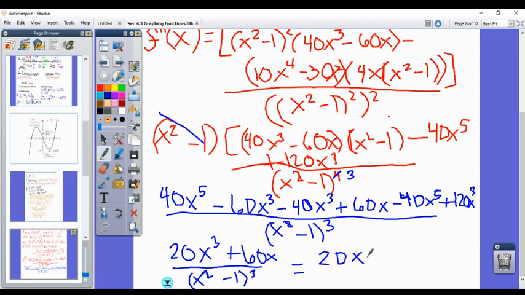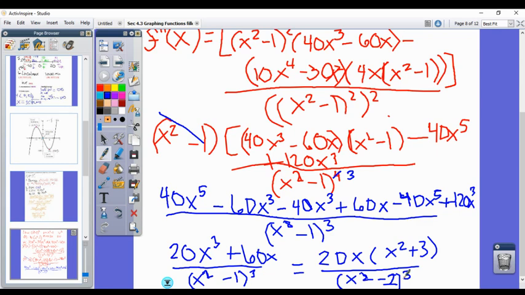So I can take out a 20x from the numerator, and that's going to give me x squared plus 3 left over, and x squared minus 1. See what I mean? The 2's, it's difficult for me. Okay.